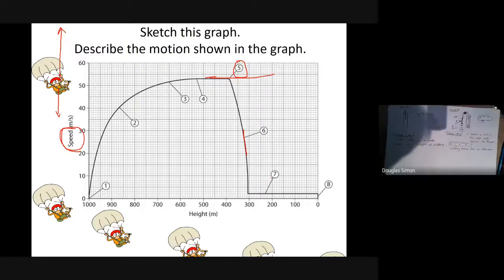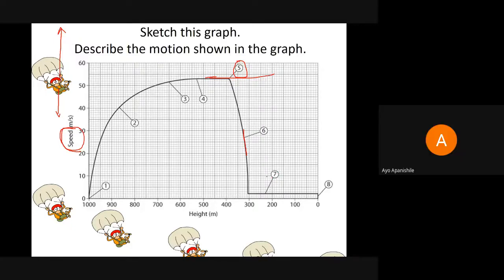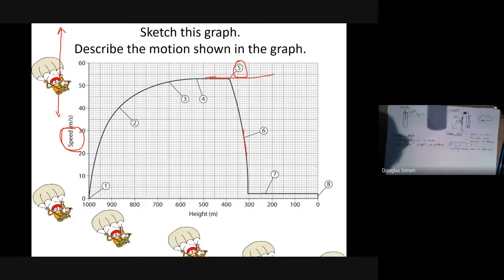Good. And then at 7, I'm guessing that's when the monkey landed. It's a strange looking monkey, but we'll go with that. So at 7, there is a speed, whatever that is. So they're moving at a constant speed.